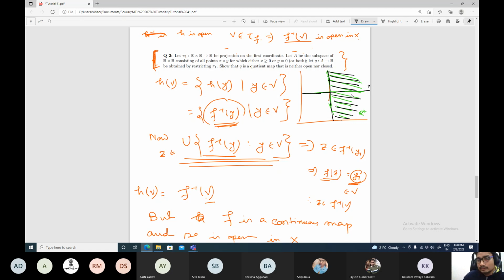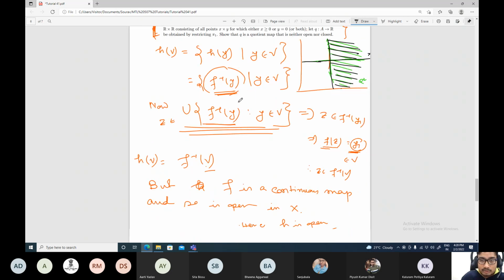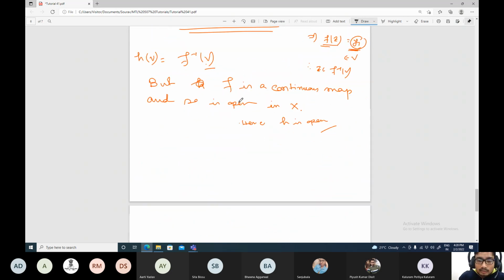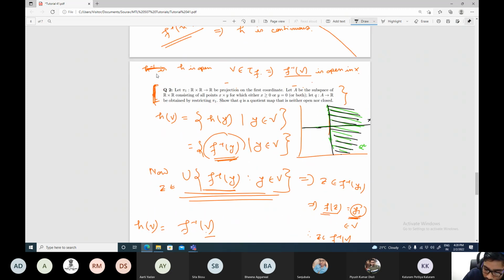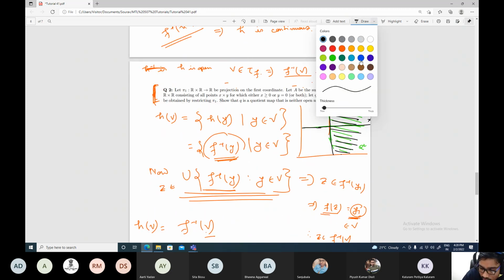The same, similar kind of problems I had discussed in the last tutorial session, and this problem was left for you as an exercise. Okay, but I thought I would solve this one in today's session, but I'm not able to. So again, I leave it for you. Just try to solve this one. Okay.